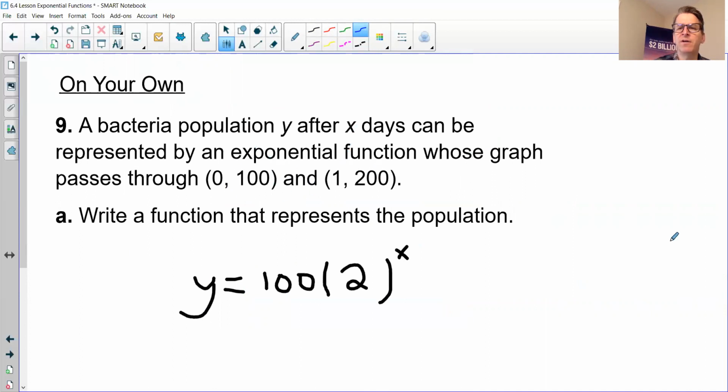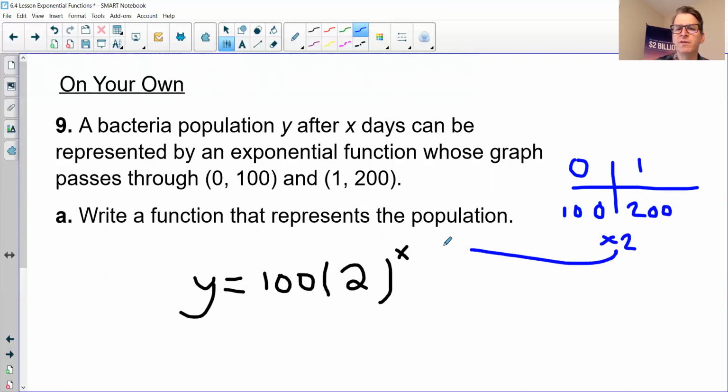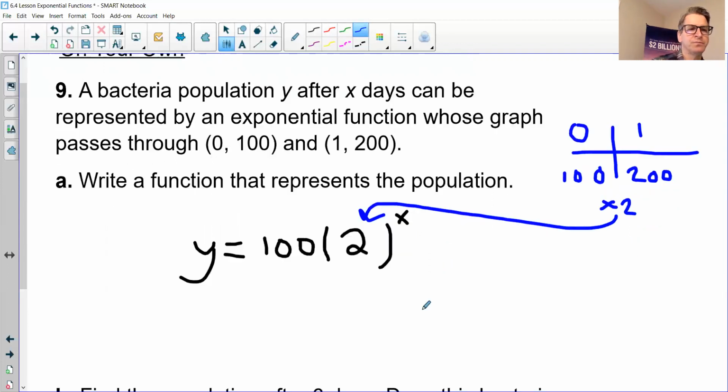So here's our table: 0, 100, and 1, 200. What did you do to get from 100 to 200? You multiply it by 2. So 2 is the factor. 100 is the y-intercept. So there's the function representing the population.